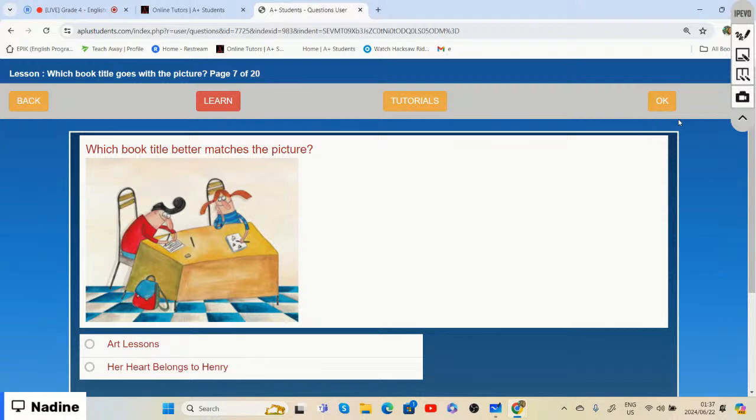Look at the picture that she's drawing. That will tell us: are they doing art lessons or does her heart belong to Henry?